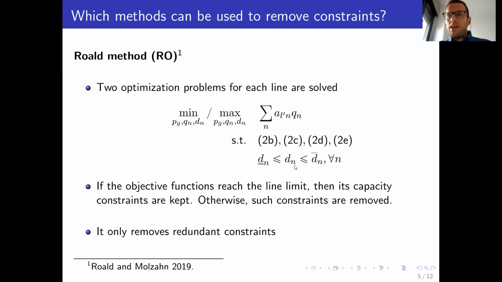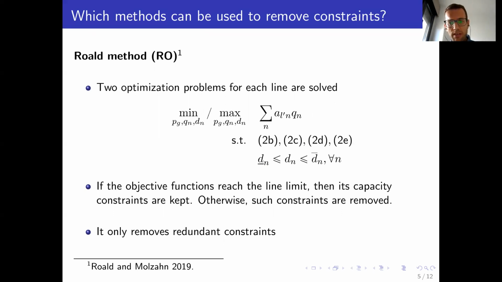And then the demand is a variable that can change between these limits here. So basically, this problem is going to dispatch all generators, and it's going to choose all demand levels between these bounds in order to maximize the flow through a given line. So even if we do so, if this objective function is below the capacity limit, then we can safely remove the constraint of that particular line.